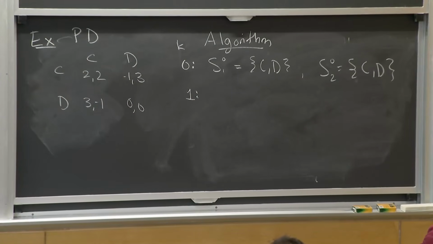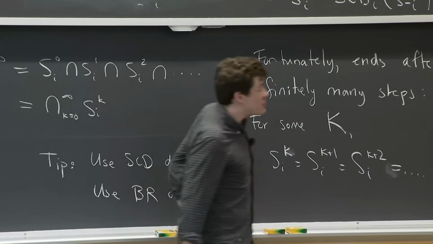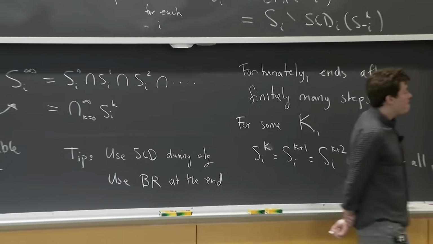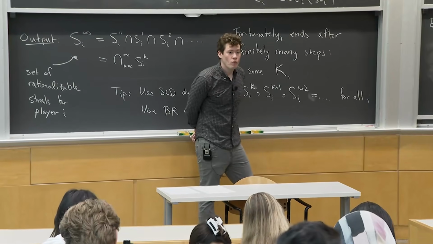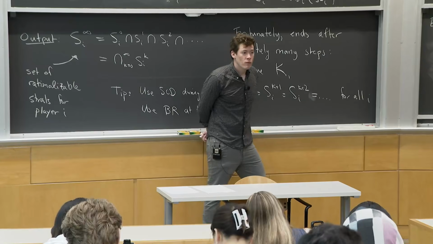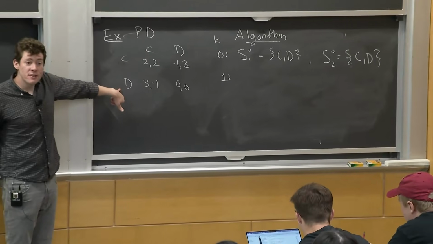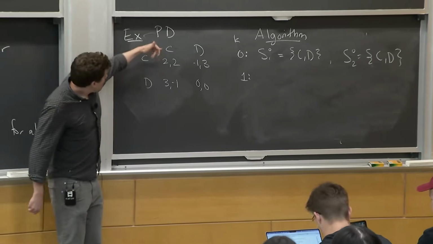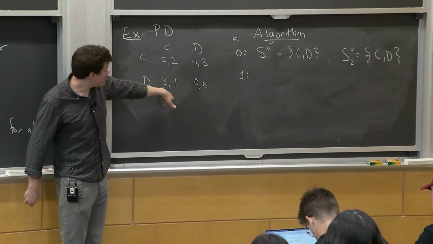So at step 1, what happens? Let's follow our tip, and let's only throw out strictly dominated strategies. So what do we throw out here? Well, cooperate is strictly dominated by defect, right? If my opponent cooperates, I do strictly better by defecting.